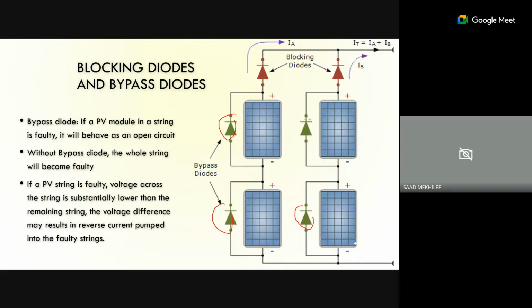If a PV module in a string is faulty, then it will behave like an open circuit, so the bypass diode passes the current around this module. Because if we don't have this, what happens? The whole string will be blocked because they are connected in series. But as I said, this is the blocking diode, which blocks the current going back to the panels for protection.